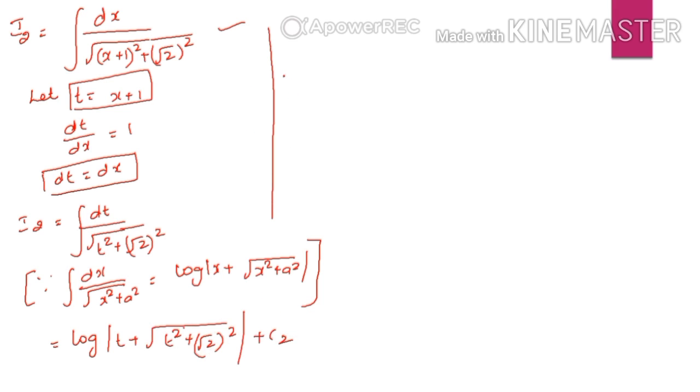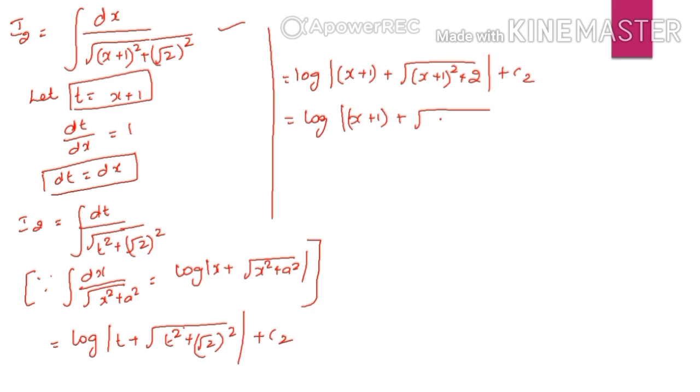Once again we have to give back the t value. So this is equal to log modulus t, where the t value is x plus 1. So x plus 1 plus square root of x plus 1 the whole square plus root 2 square. Root 2 square is 2. So x plus 1 plus, on simplifying, we get x square plus 2x plus 2 plus 1, this is 3, plus C2. So we found the value of I2.